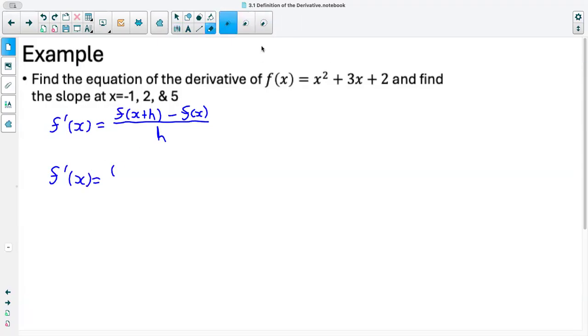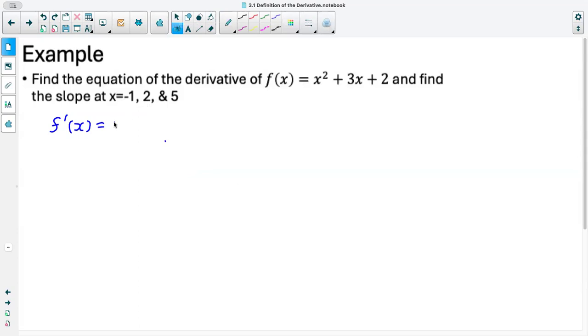And sorry, I realize I made a mistake while writing this out. I forgot to include that is the limit as h goes to 0. So therefore, it's our limit as h goes to 0 of f of x plus h minus f of x over h.